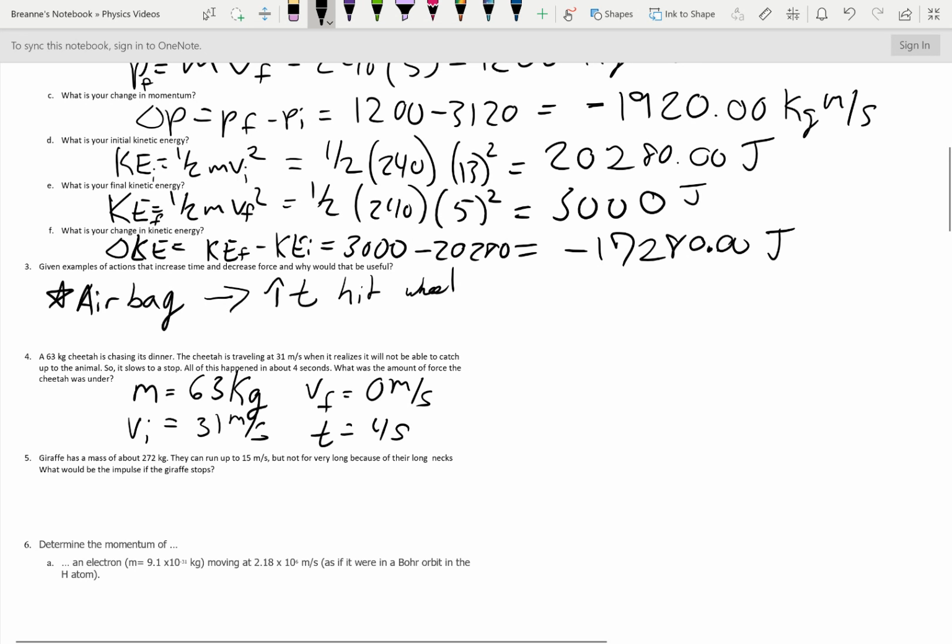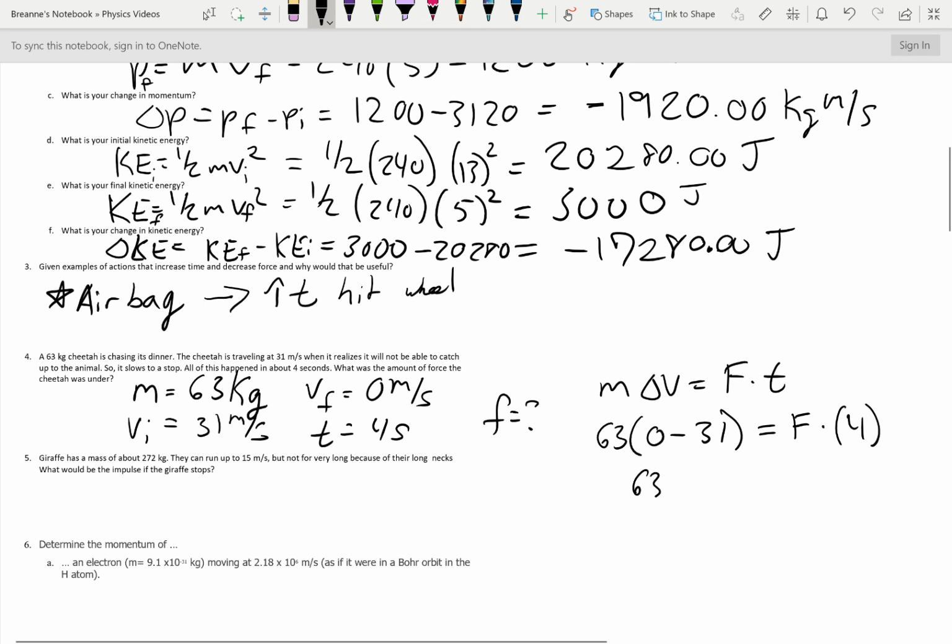Looking at our givens and our known, we're looking for force. Looking at our equations, we're going to end up using this equation: mass times change of velocity, final minus initial, equals the force we're looking for times time, which is 4 seconds. This gives us a negative 31.